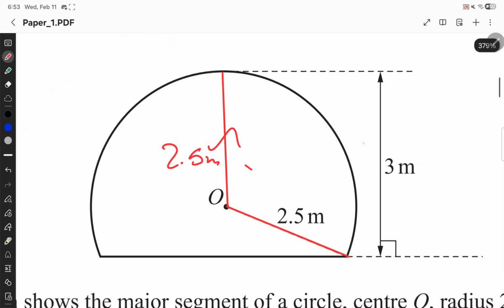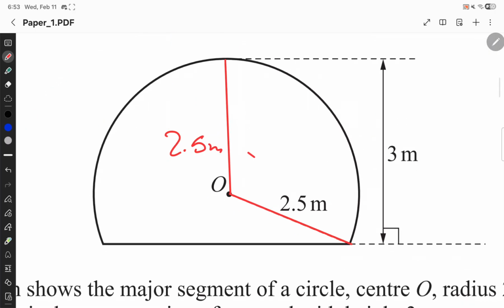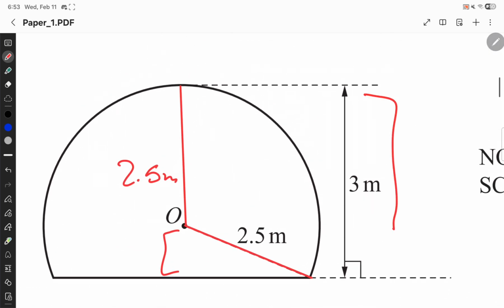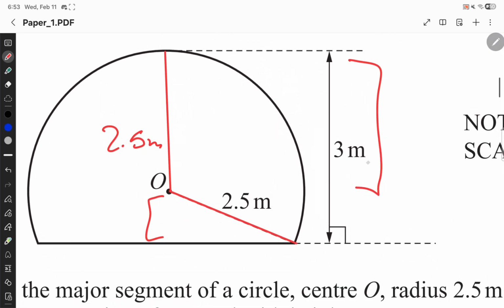Next, we know that this remaining distance would just be 3 minus 2.5, which is 0.5 meters.